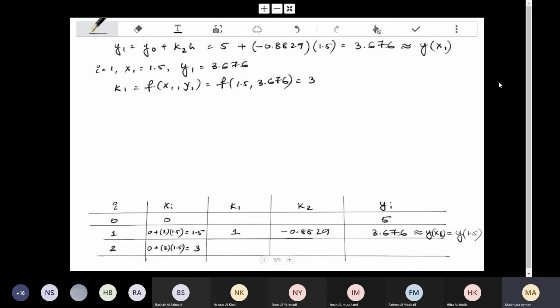And if you put that in the function, you have 3e to the power minus 1.5 minus 0.4 times 3.676, and that will give you the value as minus 0.8009.